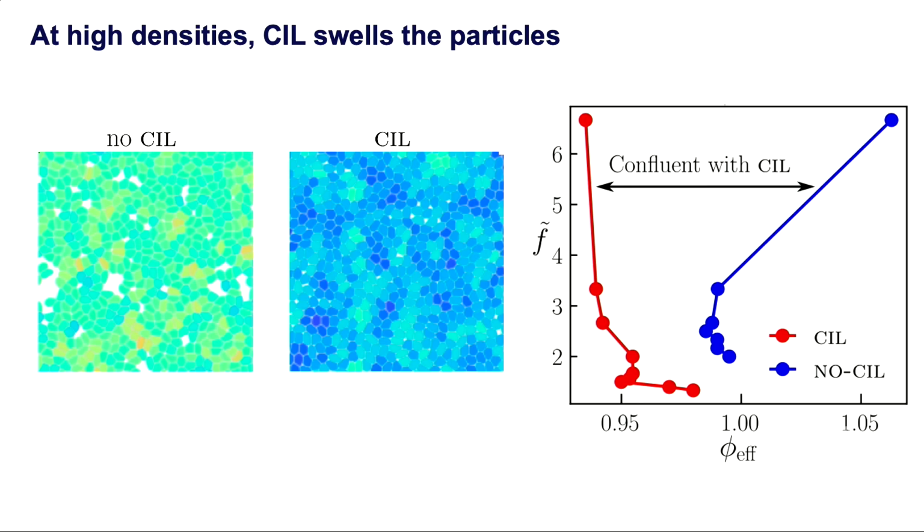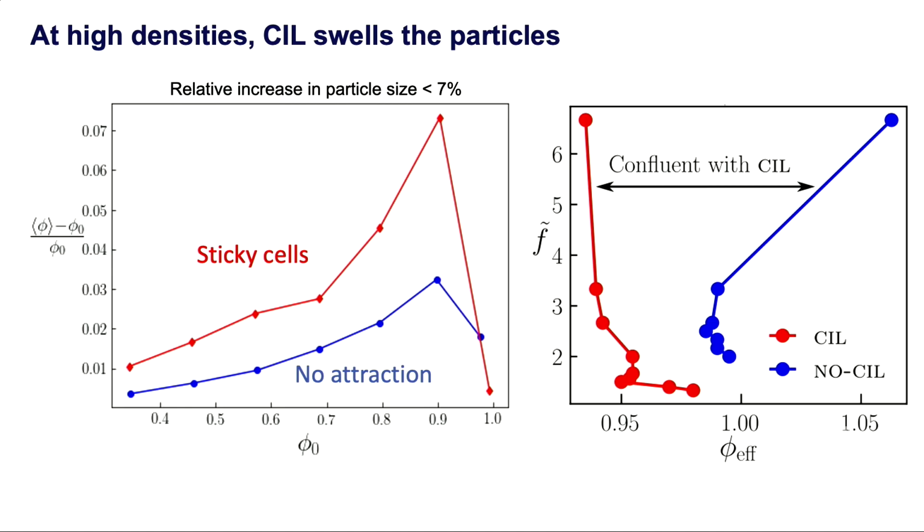Contact inhibition is promoting confluence, and it's doing that by swelling the cell. Here we don't have reproduction, but you put the tissue under tensile forces, and because of this, you have a little bit of elasticity, and the cell can increase in size. The typical change that we observe is below 7%, and this is similar to what you see in experiments when you suppress reproduction.